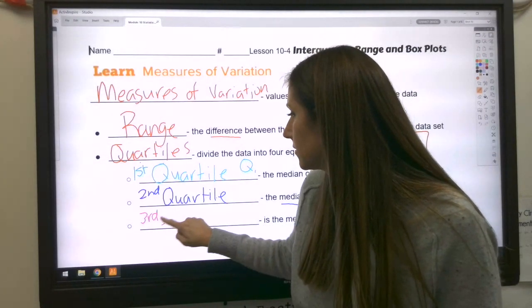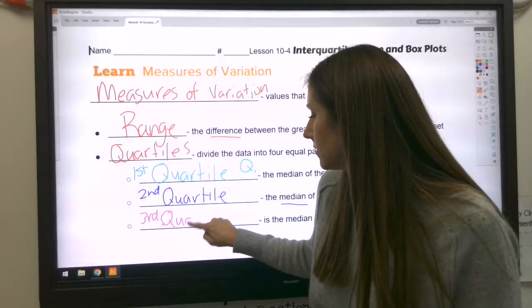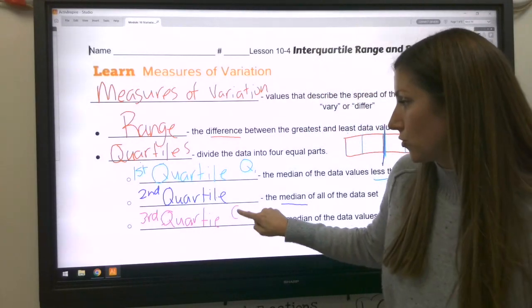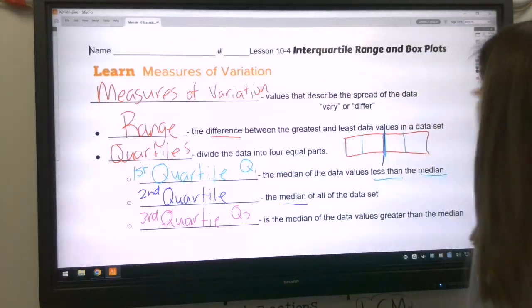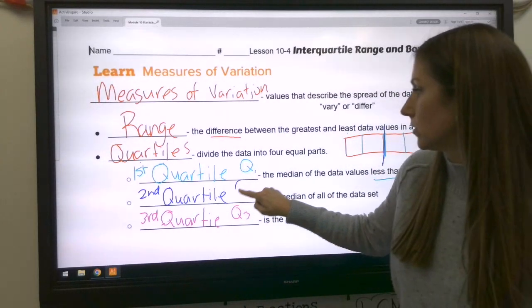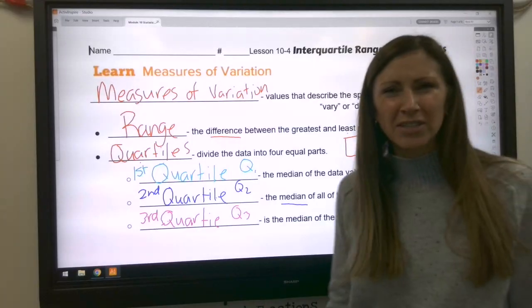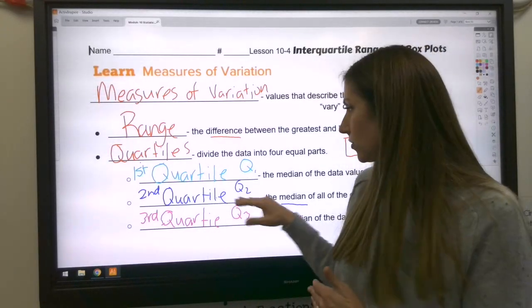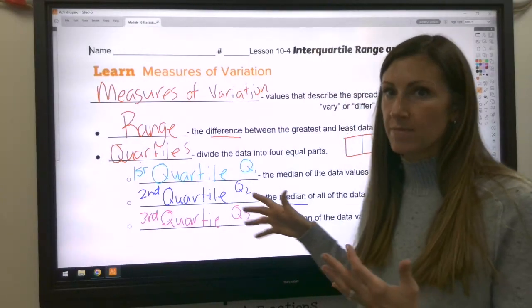Quartile 3, Q3. And Q2, now I never see the Q2, though. They just say median. But know that the second quartile is the same thing as the median.